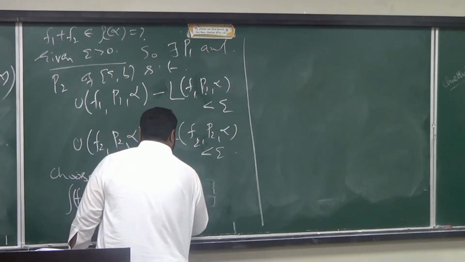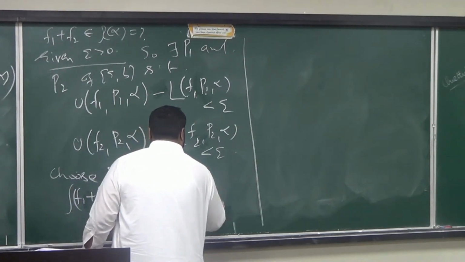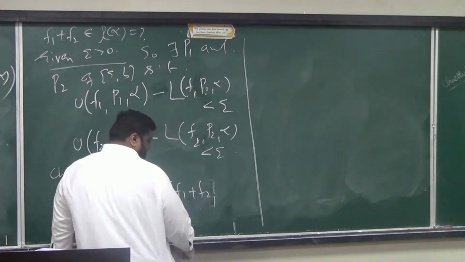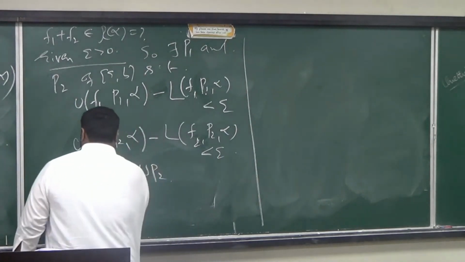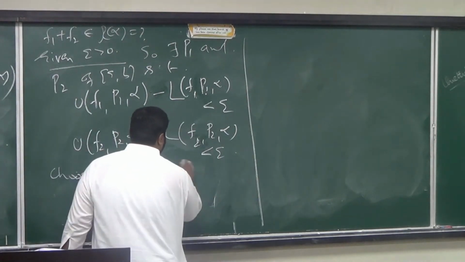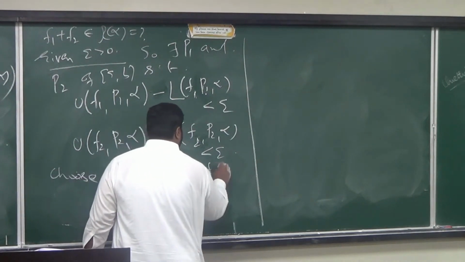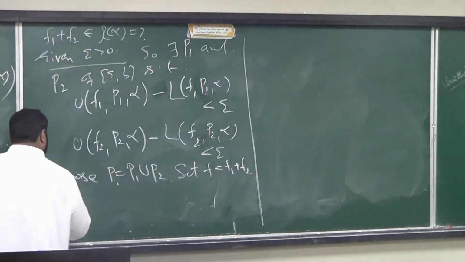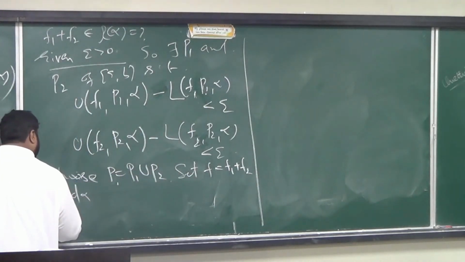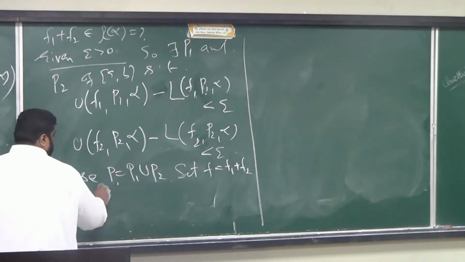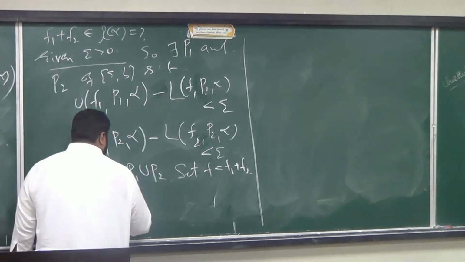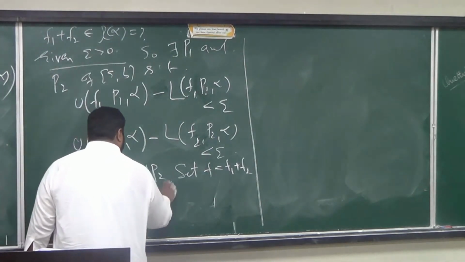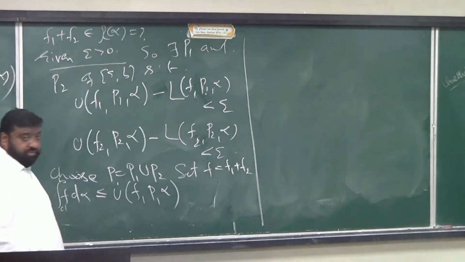So let's set f to be f1 plus f2. The integral of f d alpha from a to b, we agree that it should be smaller than or equal to U(f, P, alpha).